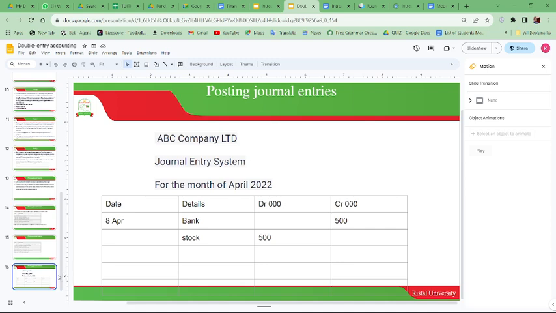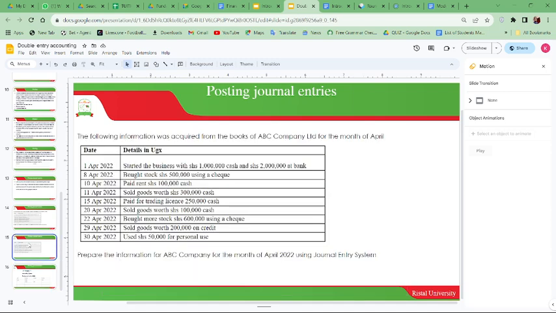So we go to the next example, the 10th of April. Paid rent 100 using cash. Here we have to identify which accounts we have. We have rent account and we have cash account. You paid rent.